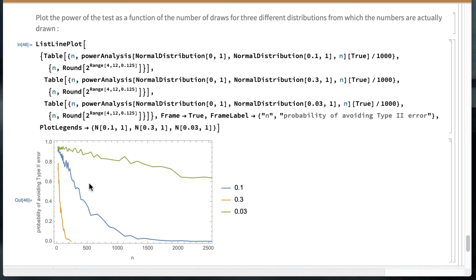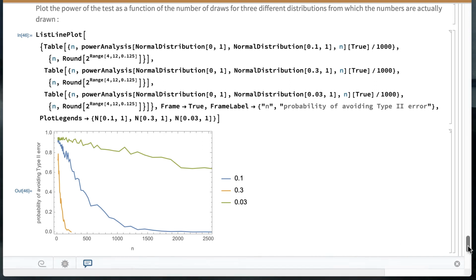If we're looking at a gross difference, we don't need that many samples. We need, looks like to me, maybe 200 samples or so. And again, if we are drawing from N(0.1,1), we've seen before it looks like we might need 1,300 samples or so in order to conclude that we're not drawing from N(0,1).